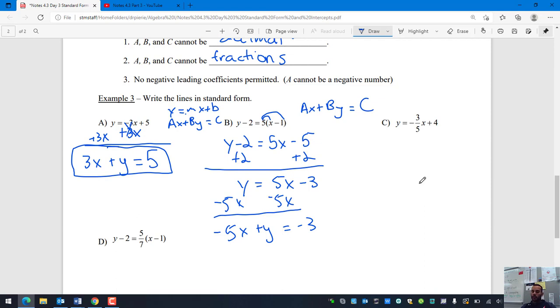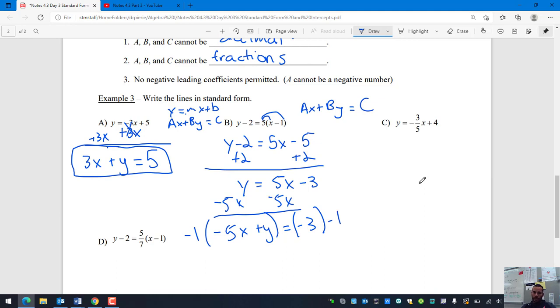In order to get rid of a negative, what I need to do is multiply both sides by negative 1. Watch how I do this. I'm going to multiply my entire left side by negative 1. But whatever I do to the left, I also have to do to the right. So I'm going to multiply also my negative 3 by negative 1.